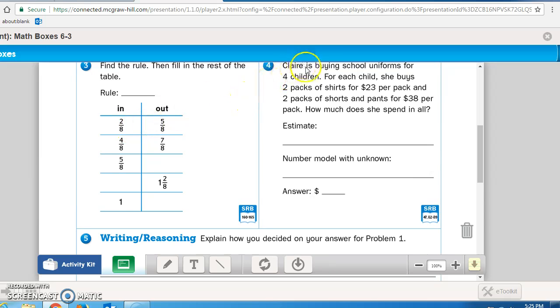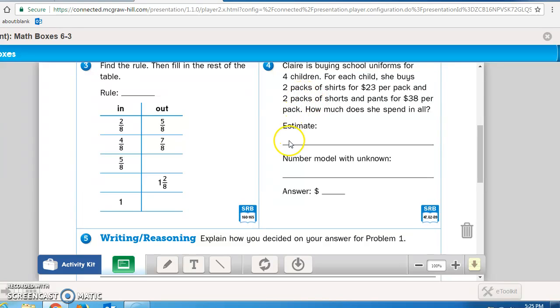Number 4, Claire is buying school uniforms for 4 children. For each child, she buys 2 packs of shirts for $23 per pack, and 2 packs of shorts and pants for $38 per pack. How much does she spend in all? So the actual number model, look at the information it's providing you.